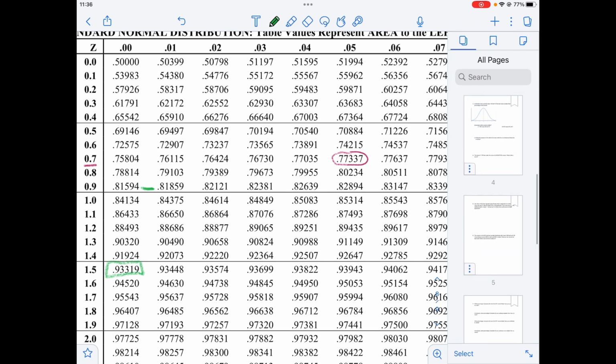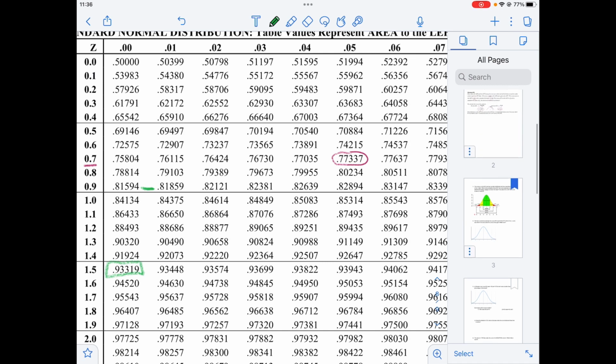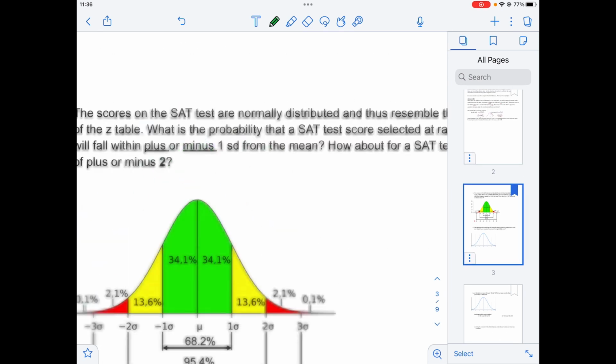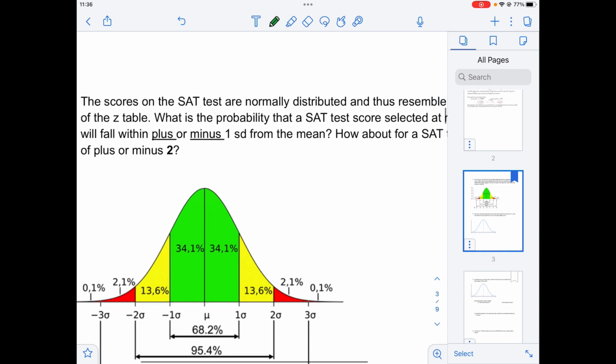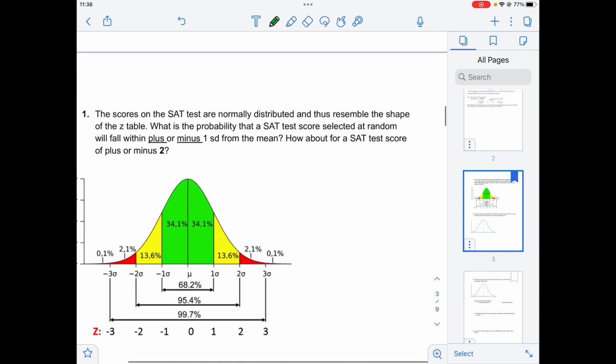All right, so now let's look at a couple of examples that you have to know. When we talk about the chance of picking a score from the SAT at random, the probability of a test score selected at random falling within plus or minus 1 standard deviation is 68%.